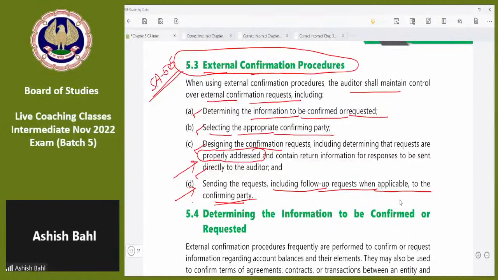He sends him that, sir, please confirm your balance with it. The other party might say that I am not agreeable with it.